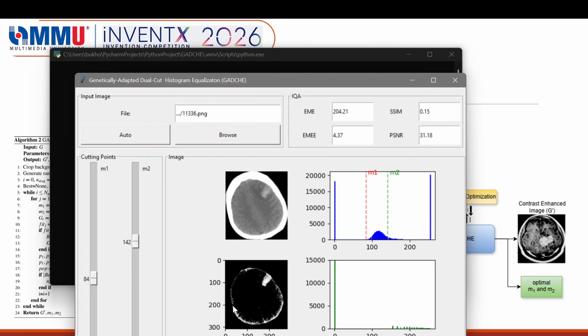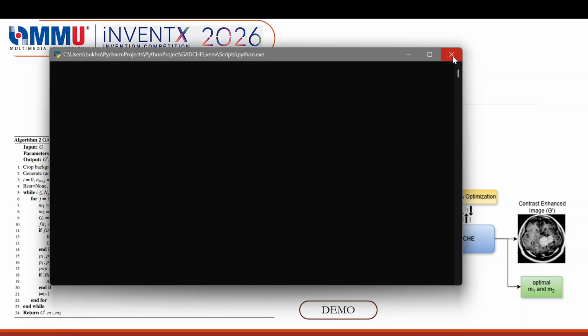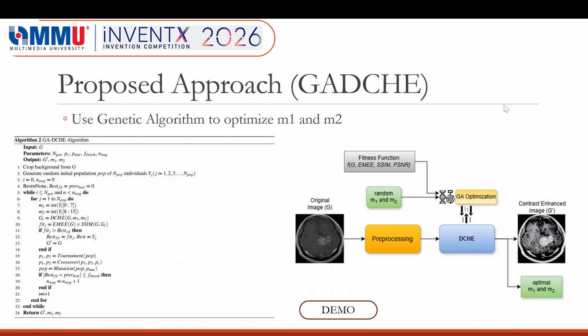And now you can see, besides the skull region, the affected region of our brain image is highlighted better so that it's easy to find where the affected region is. So that's a little bit of a demo of our proposed technique.